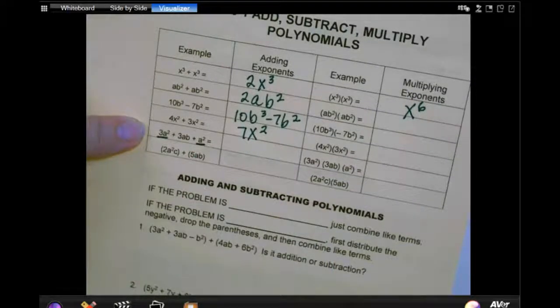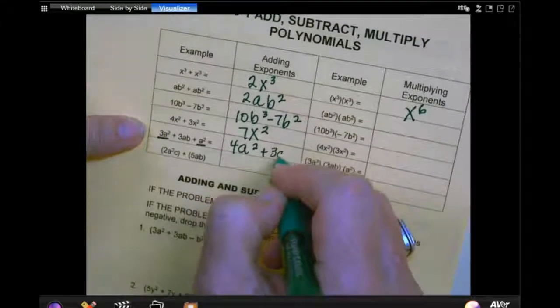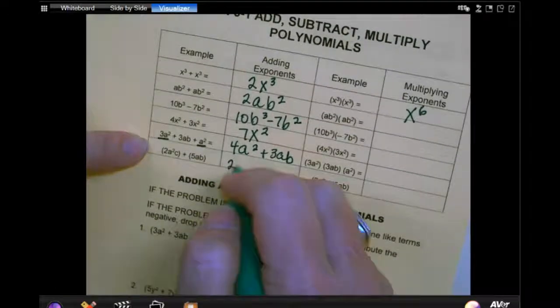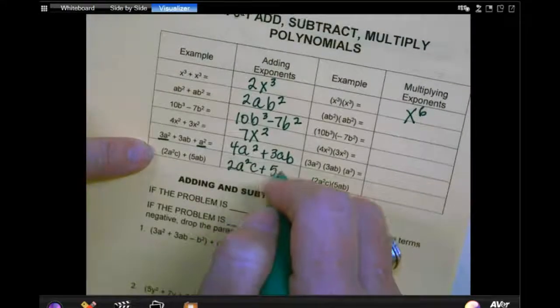So 3a squared plus 1a squared is 4a squared plus 3ab. Can I do anything on the next one? Nope. So you get 2a squared c plus 5ab.